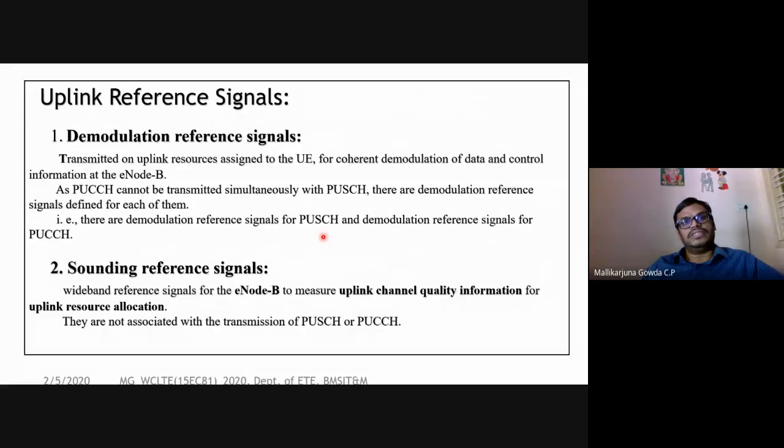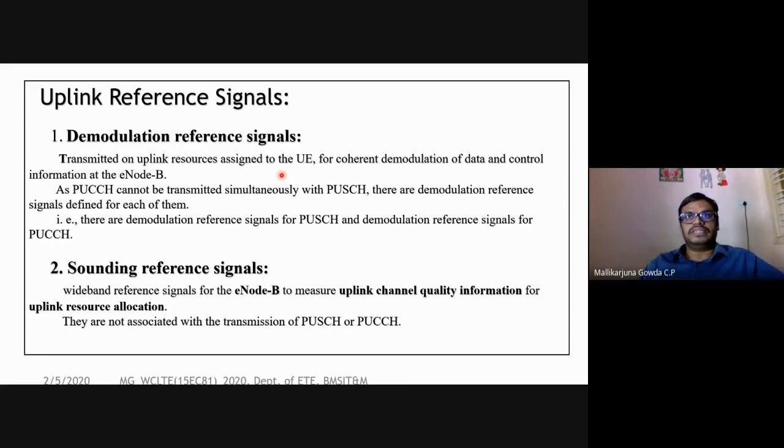So what is this demodulation reference signal? The demodulation reference signals are transmitted on the uplink resources assigned to the user equipment, for the coherent demodulation of data and control information at the eNodeB.